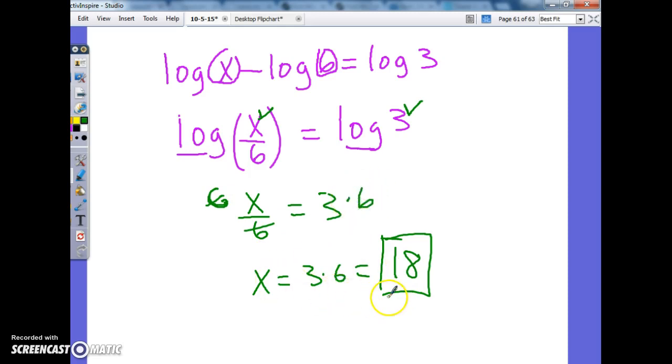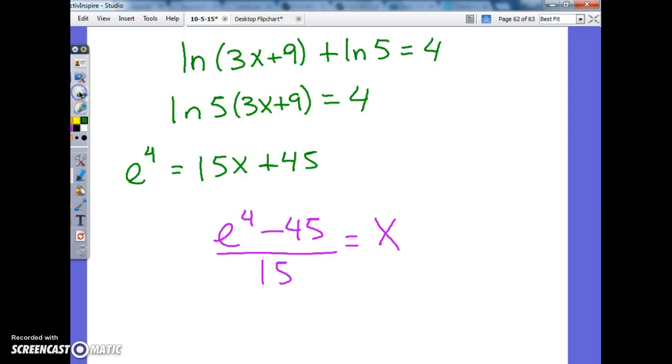So x equals 18. When you've got log on both sides, simplify to get a single log equals a single log. Remember, if this was addition, it'd be x times 6.